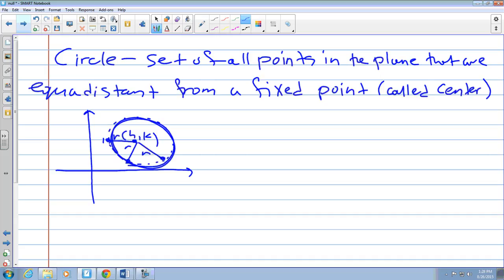So anyways, the way we can derive the equation for that circle, if I just grab any point on that circle, let's call it xy, because right now it's not a fixed point, it could be any arbitrary point on a circle. So I know the distance from hk to xy is r, right? So I can therefore use the distance formula. I can say r equals the square root of x minus h squared plus y minus k squared by the distance formula.